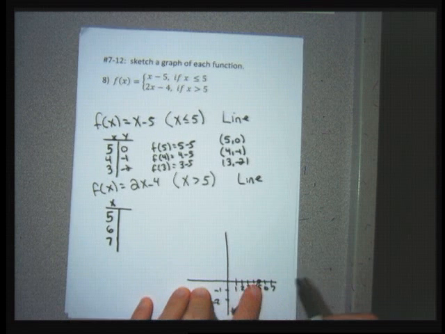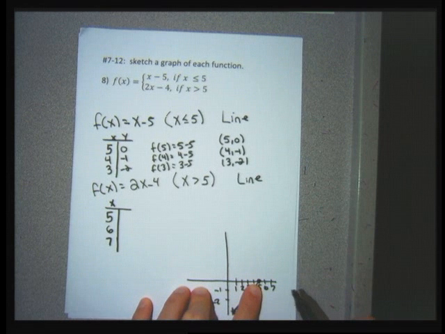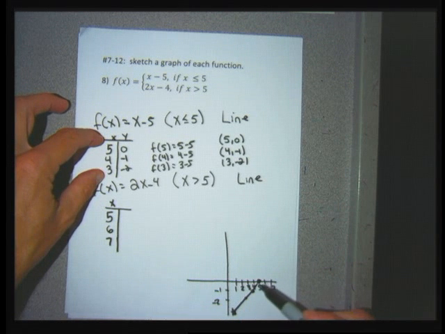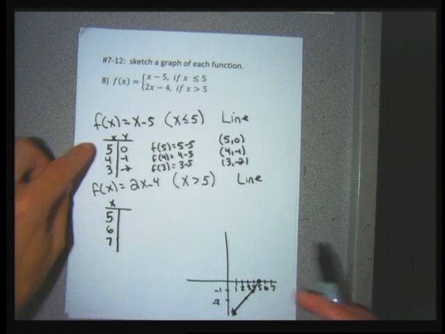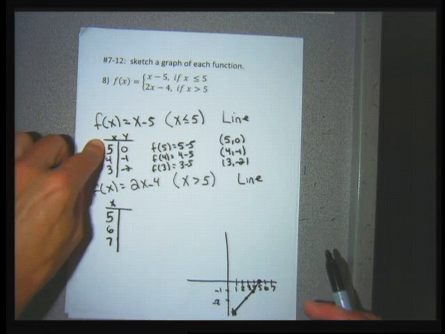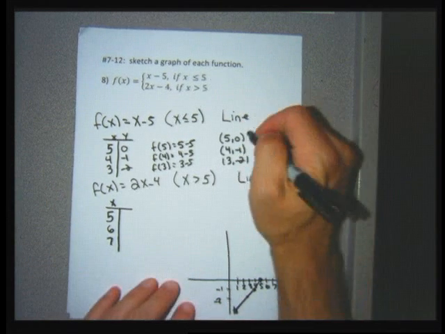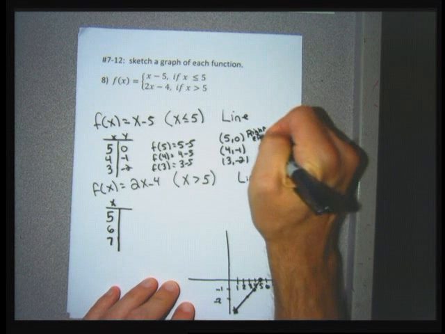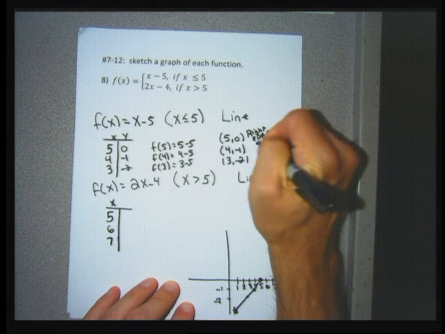This graph needs to stop at the end point because I'm not allowed to draw values past x equal to 5. Because I'm only drawing the portion of the graph up to this point. So this point is going to be the right end of my graph. So this is going to be the right edge of my graph.